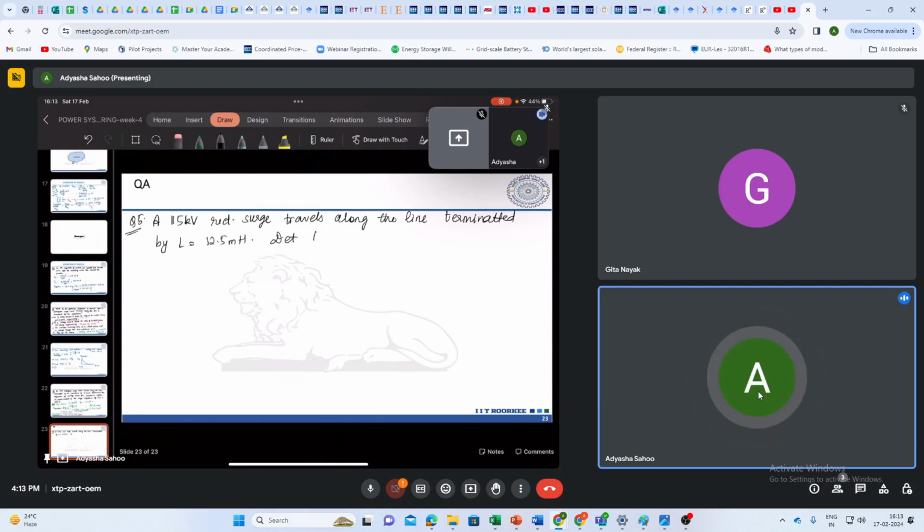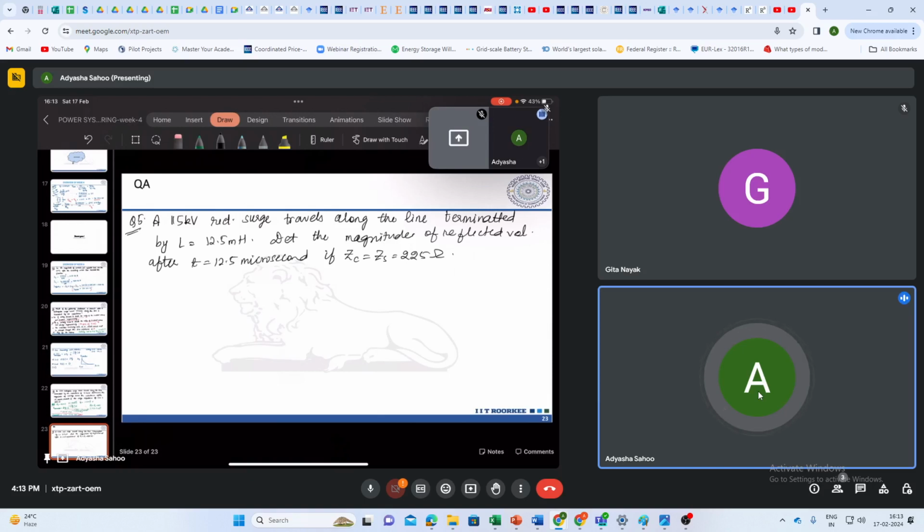Then determine the magnitude of the reflected voltage after the same time, if your Zc or Zs is given as 225 ohms.